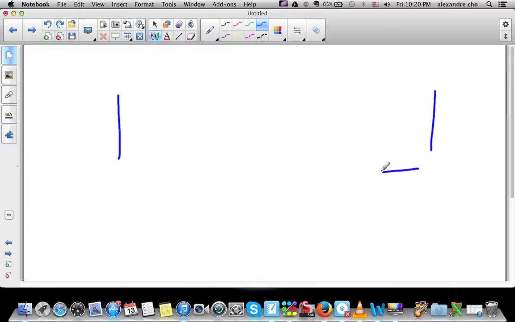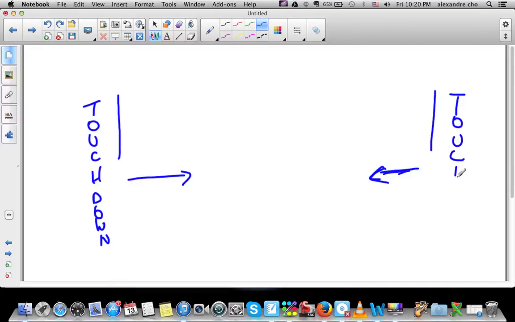One team is going this way, the other one is going this way. If you ever watch football, that team has to go all the way that way to score, and this team has to go all the way down the other side to score. Touchdown.